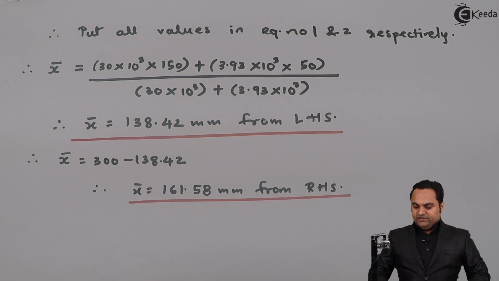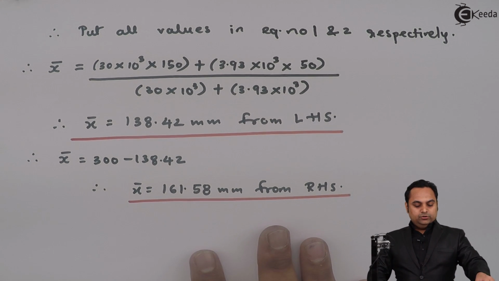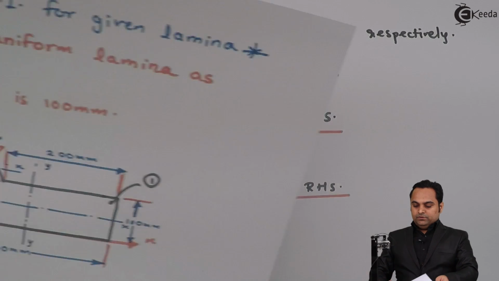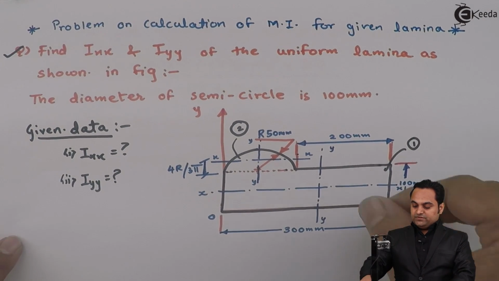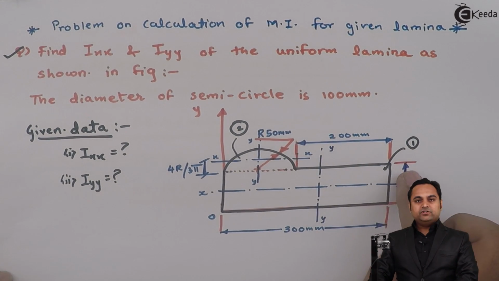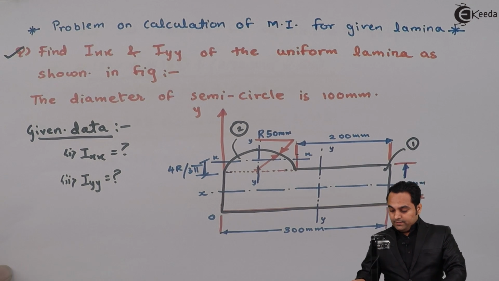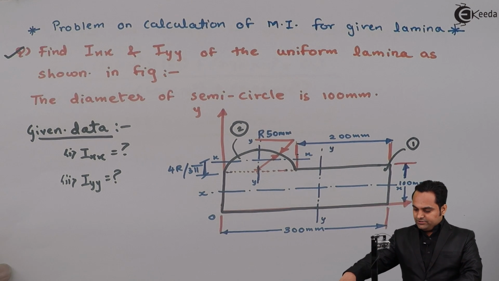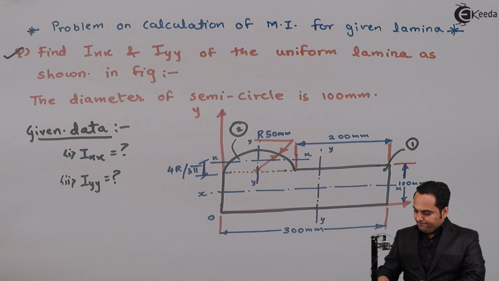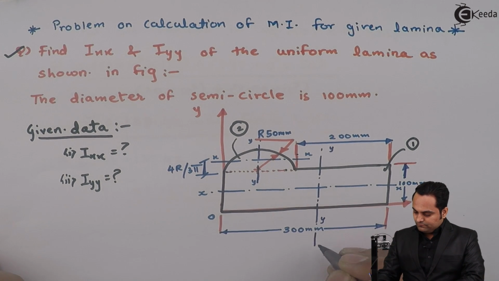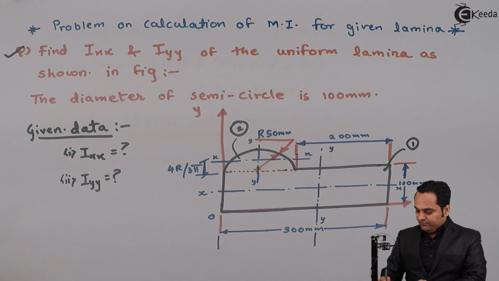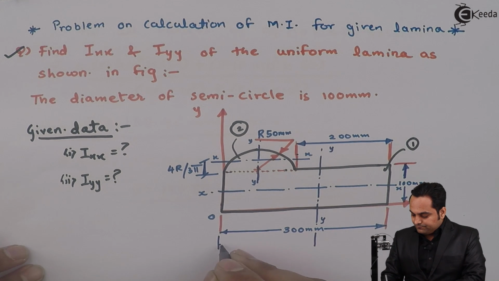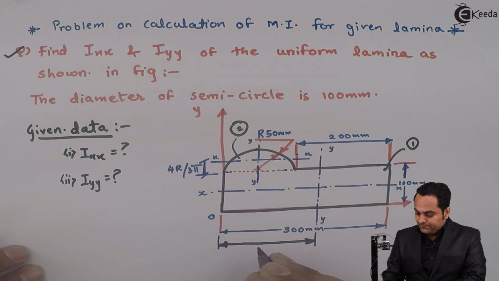So now after getting x bar, we can locate it onto the diagram. Here this was the y-axis for the first figure, which is the rectangle, and it was located at a distance of 150 mm from left hand side.